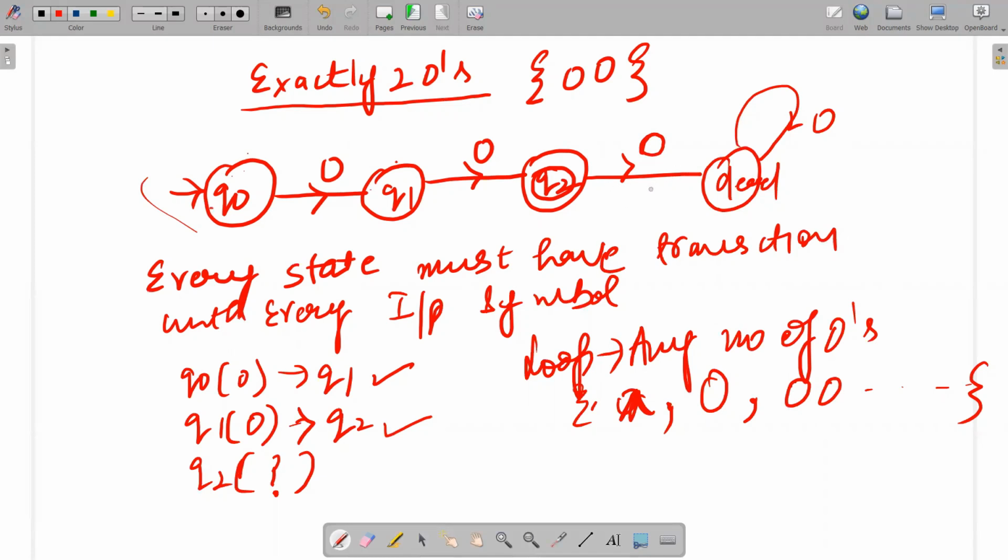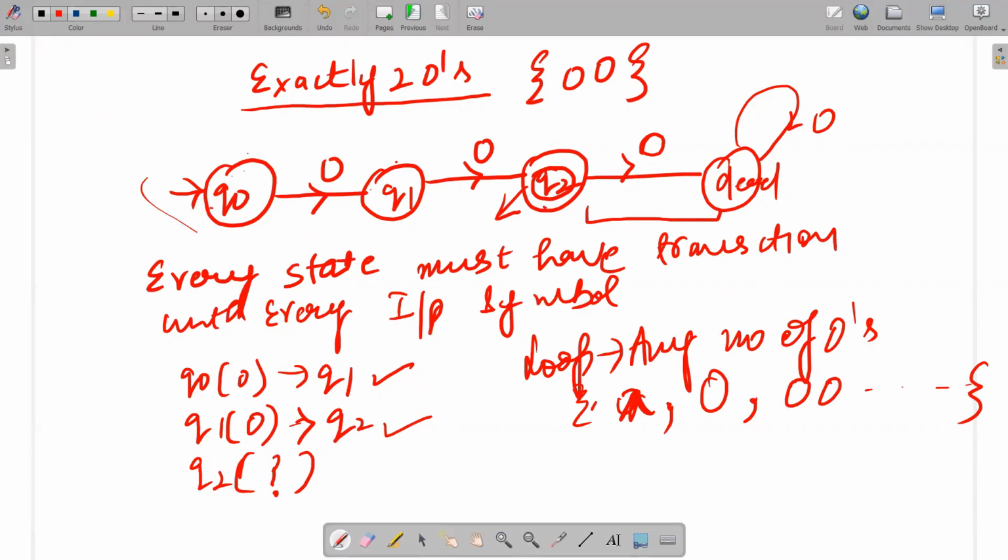That means Q2 now has a transition to the dead state, although it is not a valid transition because it is not leading to any final answer. Our final answer is obtained at Q2 only. So even if I put any number of zeros on the dead state, it does not make any significance.